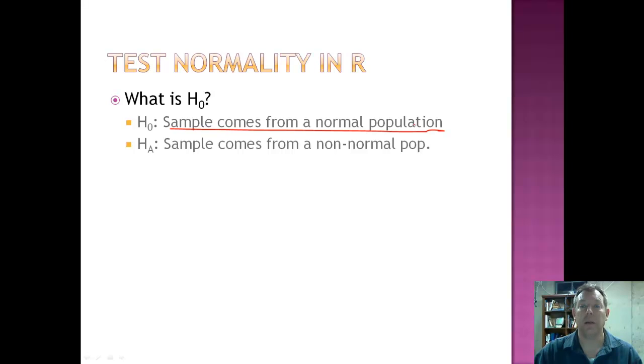So we rejected the null, and so we can say that the data support the alternate. The sample comes from a non-normal population, which is what we suspected from the frequency histogram, which is what we suspected from the QQ plot, but now instead of just eyeballing it, we actually can put a probability on that.